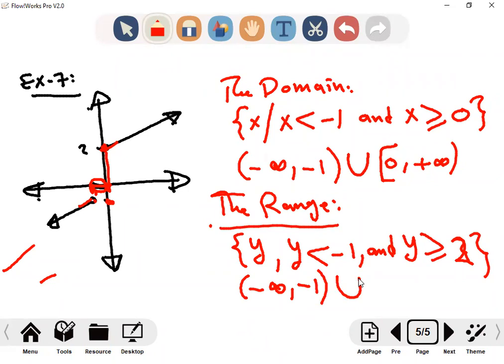We said U means and. From 2 to where? Up, from 2 to infinity. And the 2 is included, which is a closed bracket like this one. Because we have two parts here, that's why I have two parts. We have a gap between them. Got it?